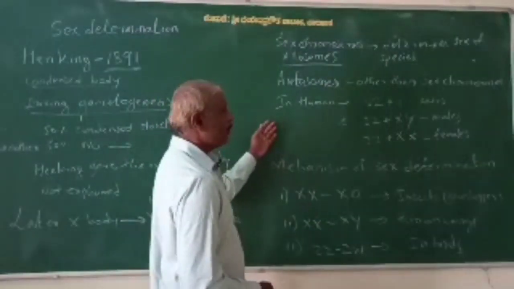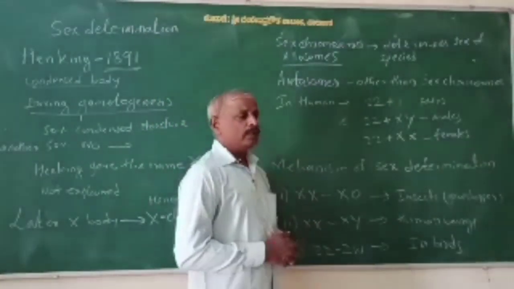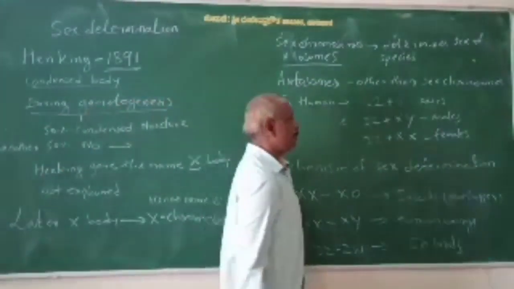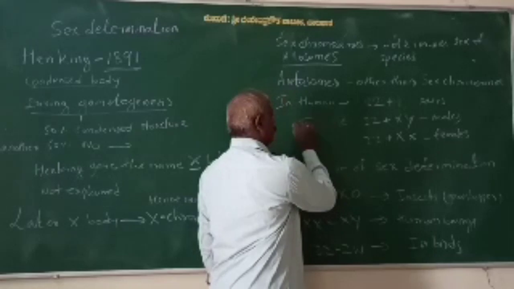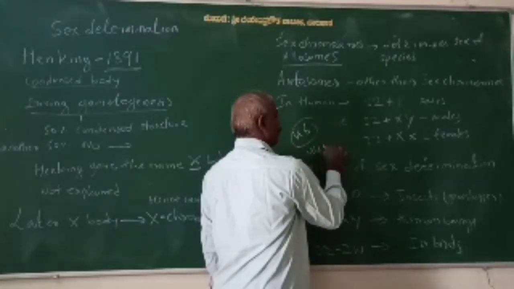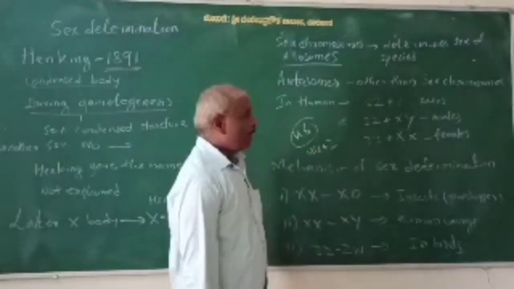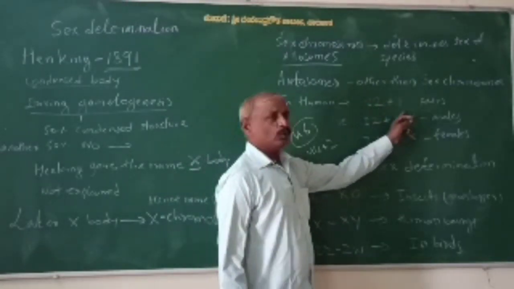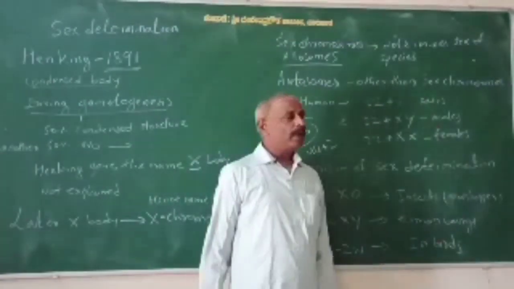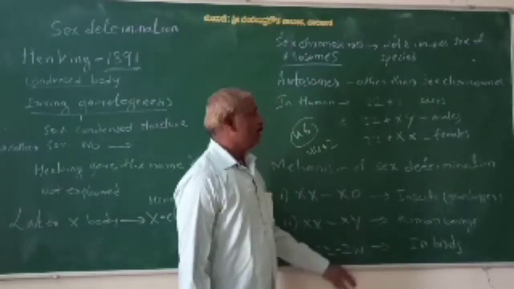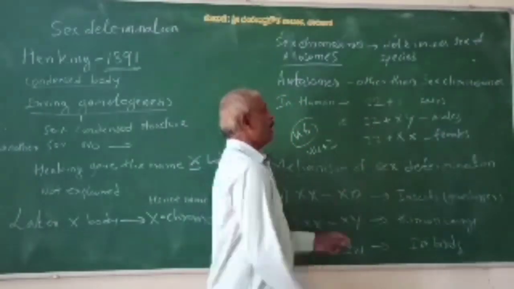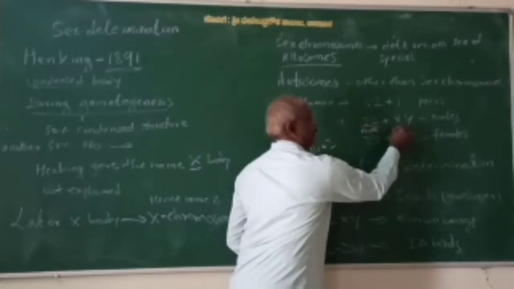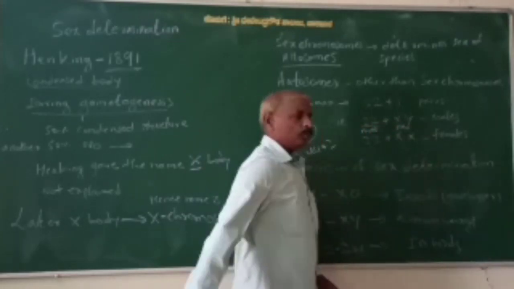In human beings, as you know, there are 46 chromosomes in total. We say 44 plus 2. These 22 pairs are autosomes, and 22 plus 1 makes 23 pairs, the 46 chromosomes. The remaining ones are said to be allosomes.